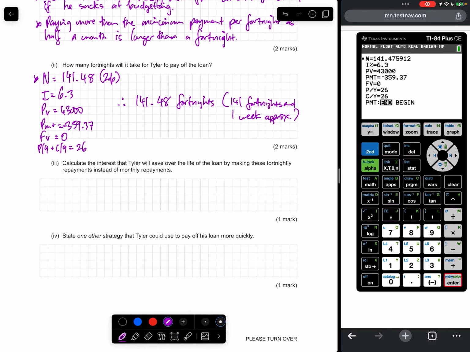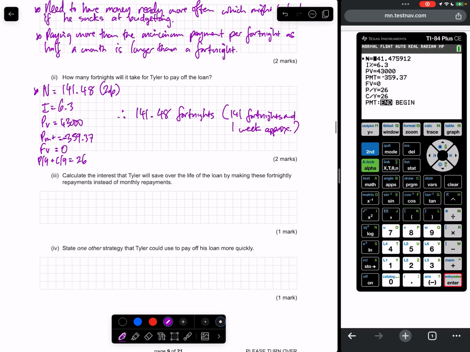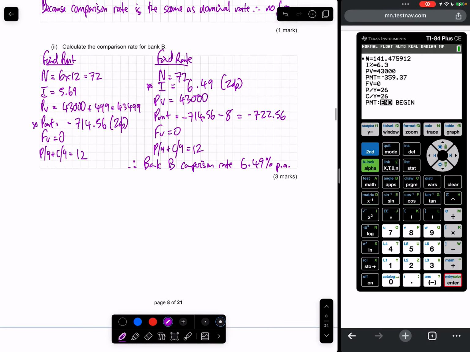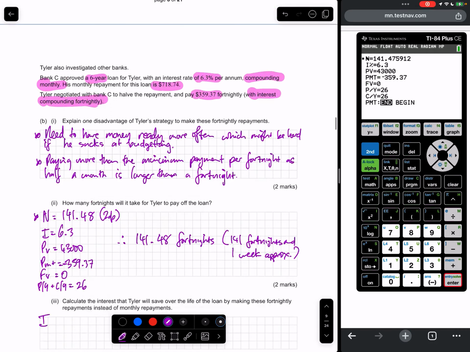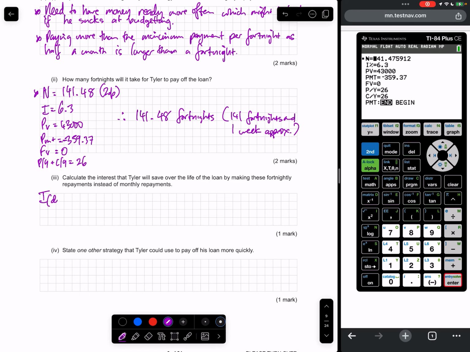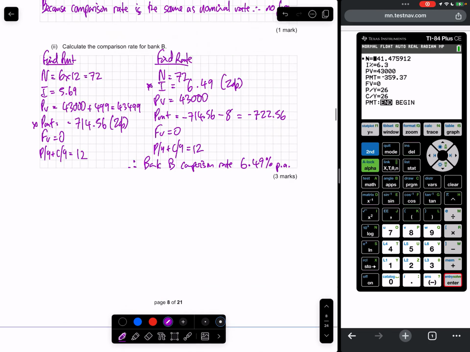Calculate the interest that Tyler will save over the life of the loan by making these fortnightly repayments instead of monthly. Do we know the default amount of interest? We haven't been able to work that out, so default is going to be 72 payments. Was it 72?